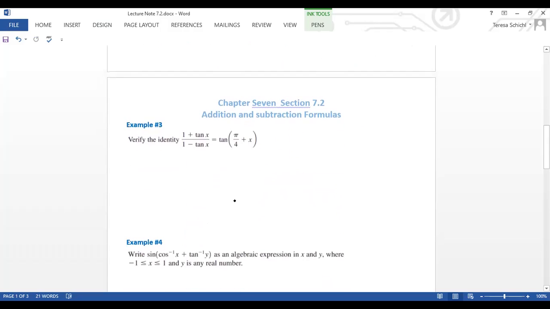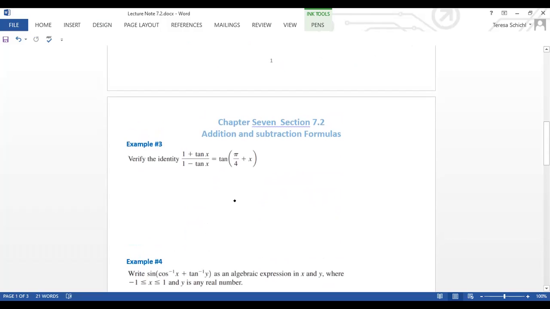They say, verify that (1 plus tangent x) over (1 minus tangent x) equals tangent of (pi over 4 plus x). So I say, okay, let's start here, on the right side. This is tangent of theta plus s, so tangent of pi over 4 plus x.